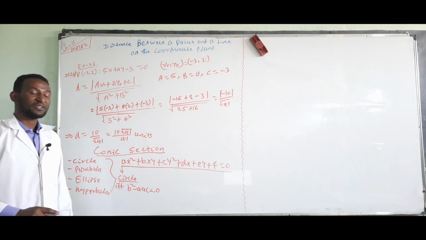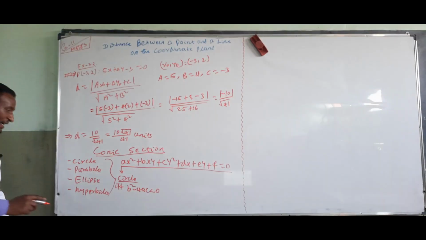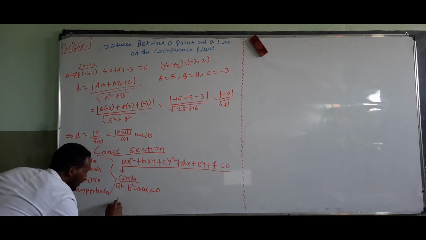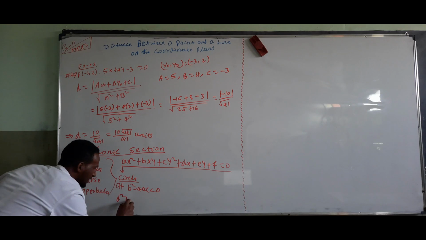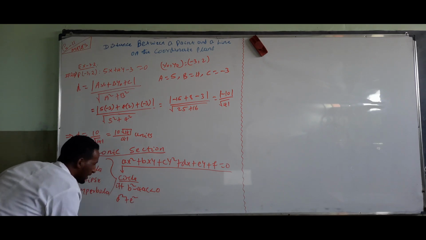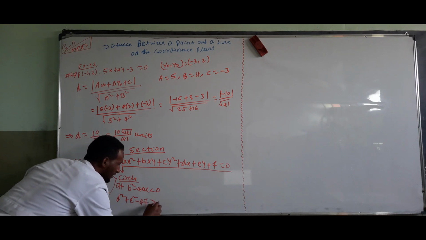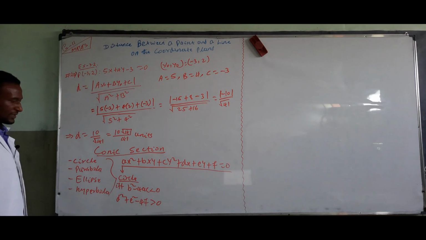Therefore, to identify whether it can be a circle, we have to check that d square plus e square minus 4f is greater than 0.